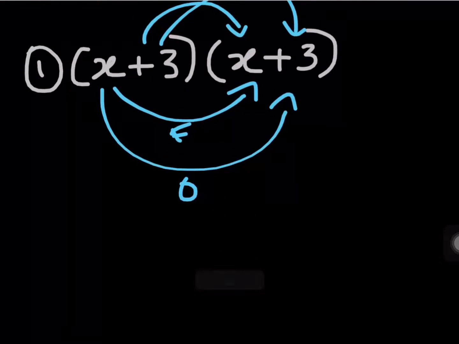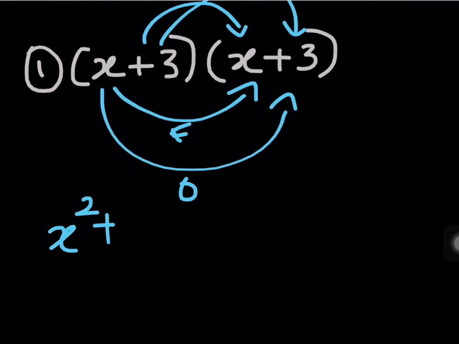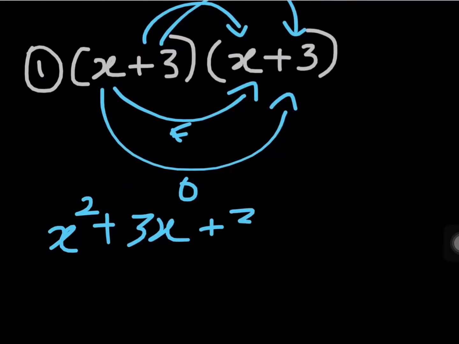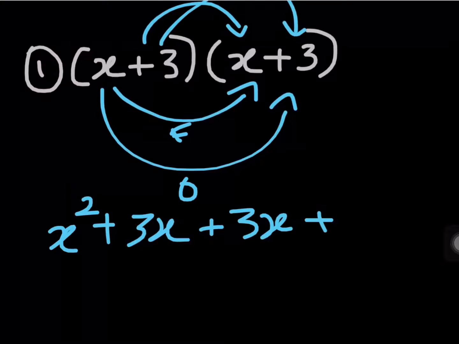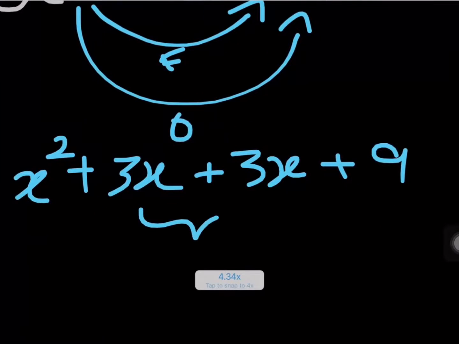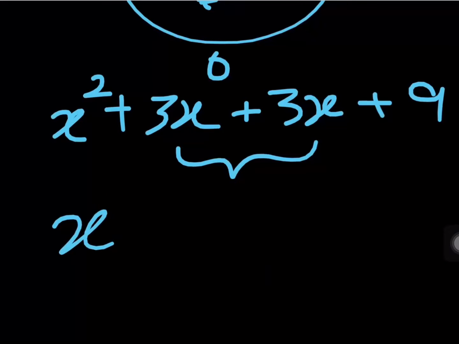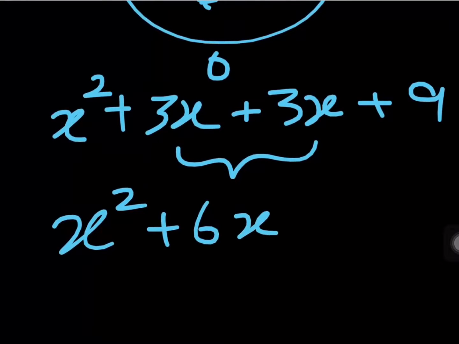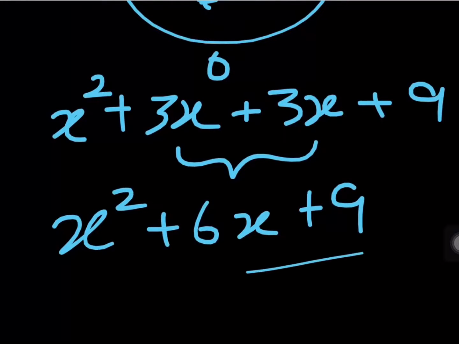So x times x will be x squared plus x times 3 will be 3x, and then again x times 3 will be 3x, and 3 times 3 will be 9. Again we can simplify these two, so it will be x squared plus 6x plus 9. I hope you got it correct.